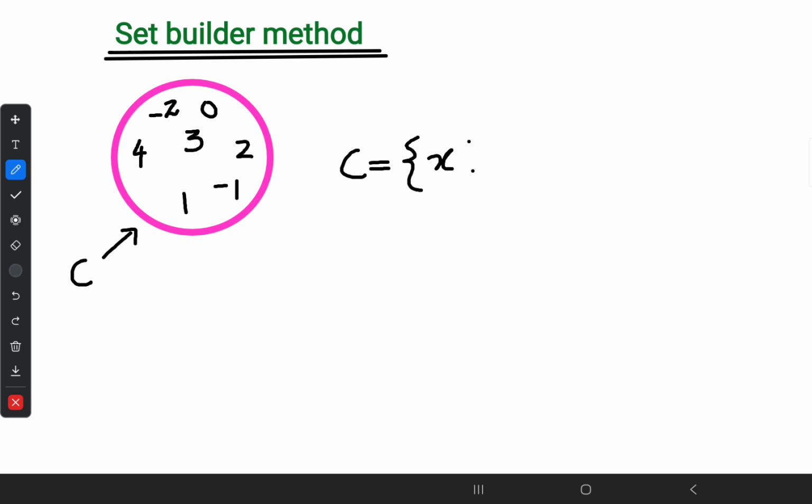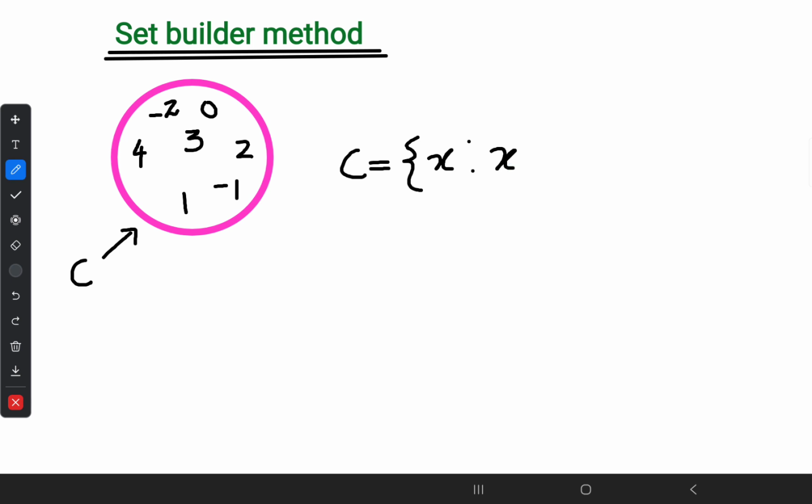All these are whole numbers, no? All these are integers. There is no decimal or fraction given. We have negative numbers, zero and positive values. All these three together can be denoted as integers.